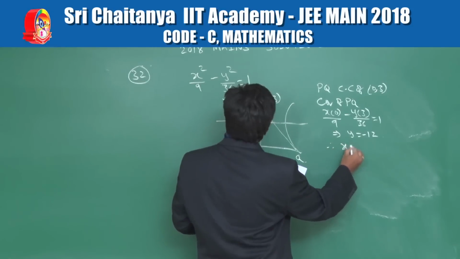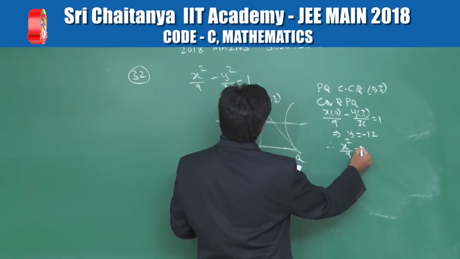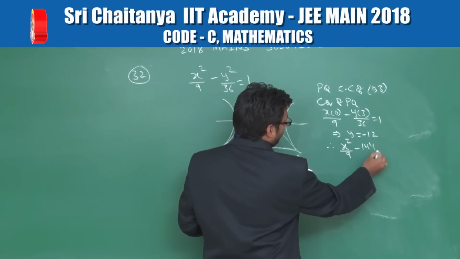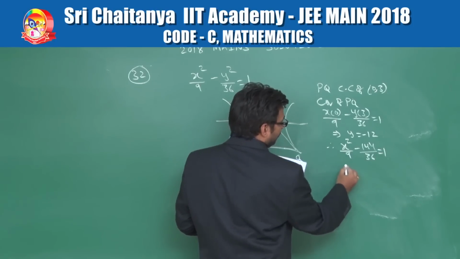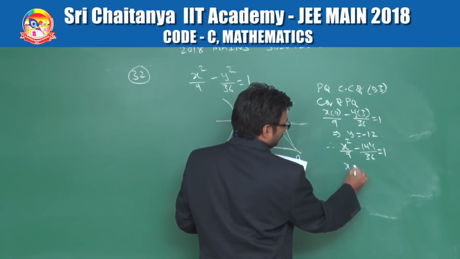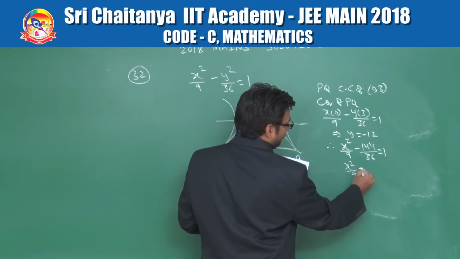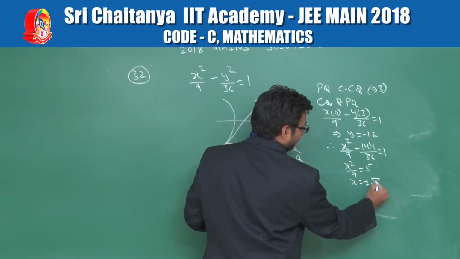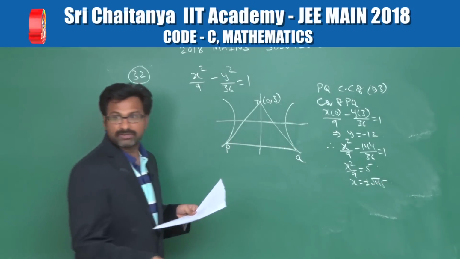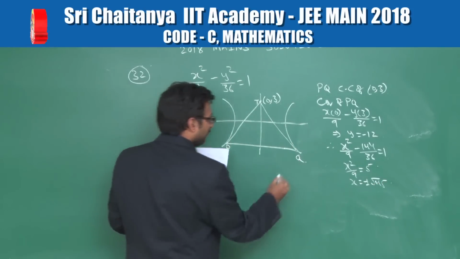Therefore x square by 9 minus 144 by 36 is equal to 1. From there you will get x square by 9 is equal to 5. So x is equal to plus or minus root 45.